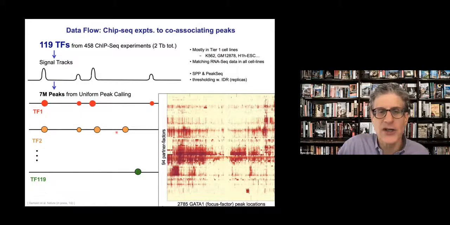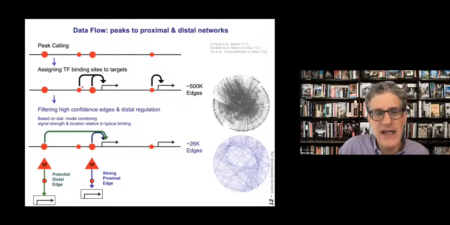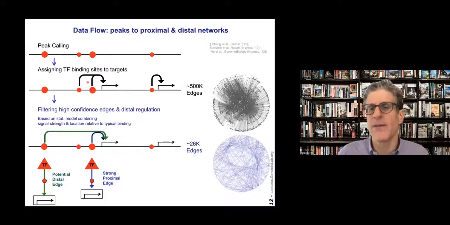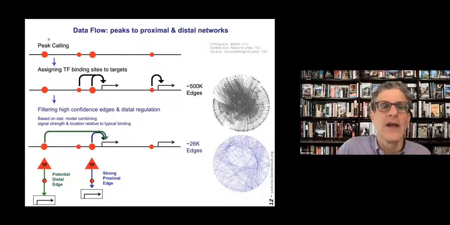And then they can take these peaks and start to build networks. We're going to be talking later about networks, but it's useful to think about where the networks come from. So imagine you take a transcription factor and you find all the peaks. You might get something that looks like this.